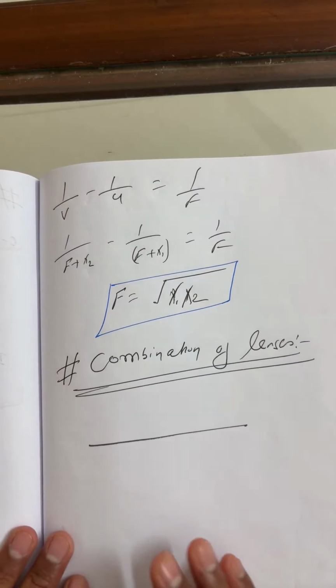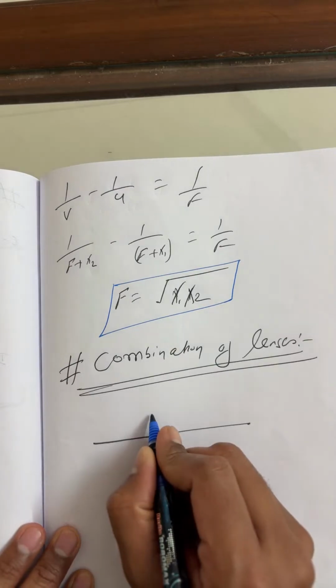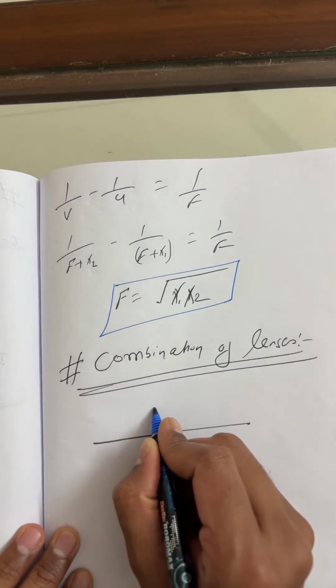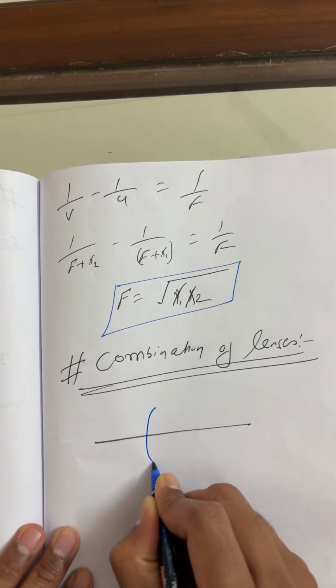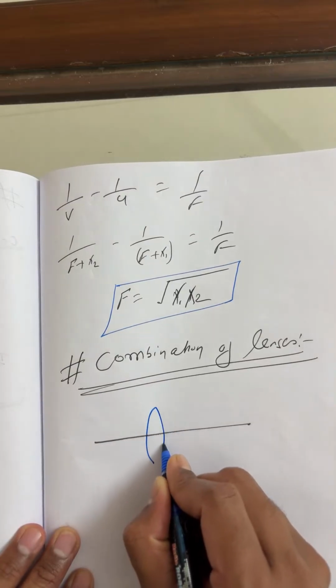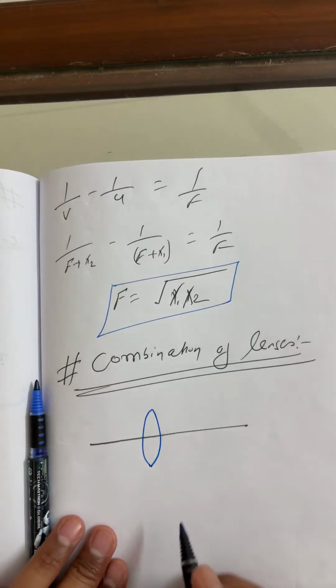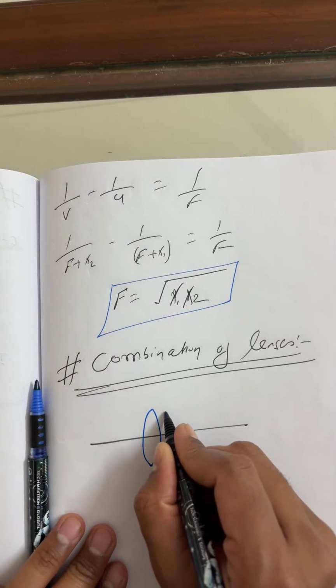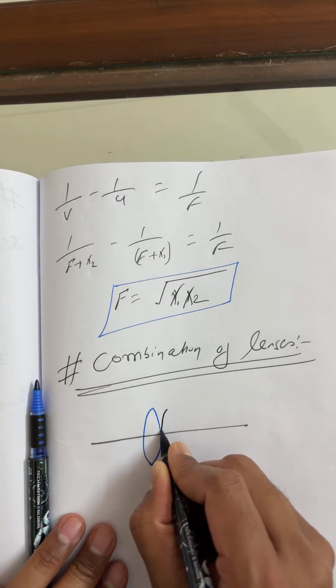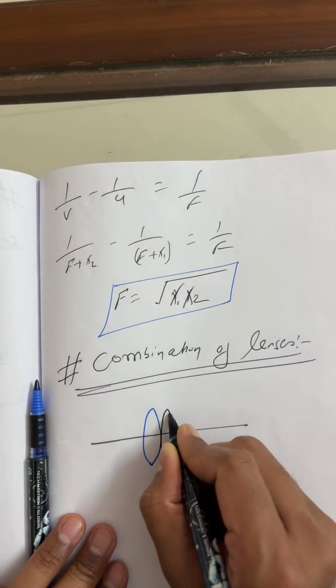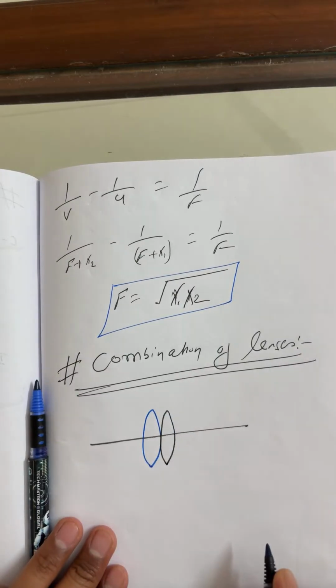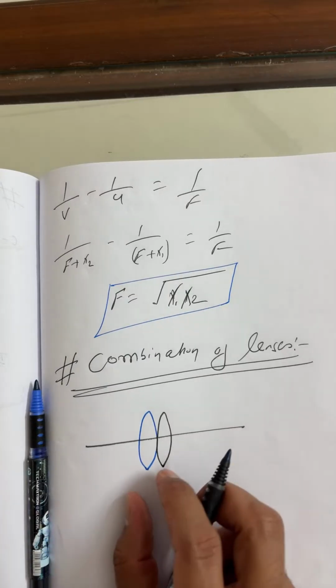Right. So beta, for that conditions, what they are doing, beta, I'm just here going to perform some experiment. Let us suppose initially I'm considering one lens over here only. Now students, I'm considering over here another lens, right?